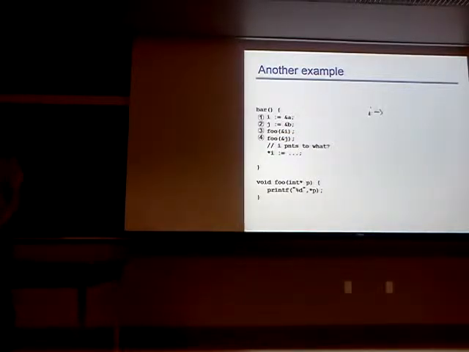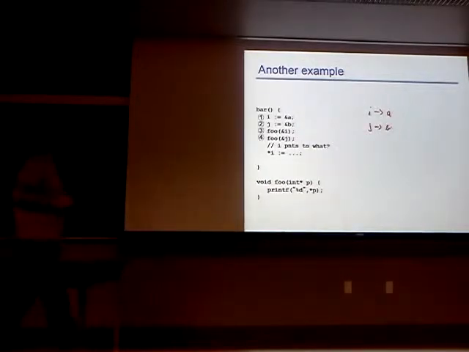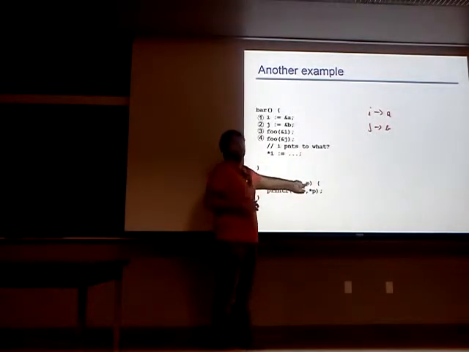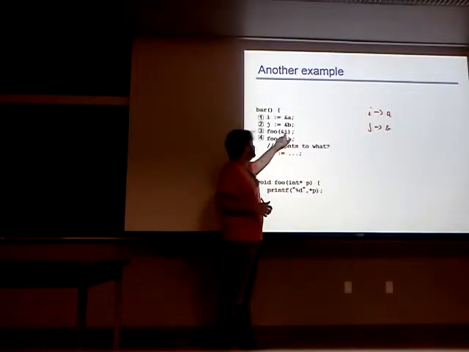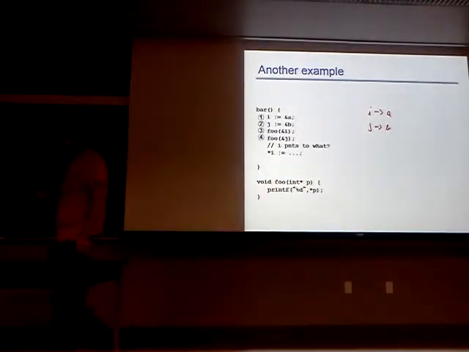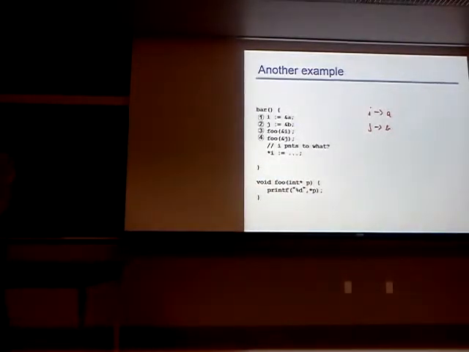I points to A, right? J points to B, right? Now, how do we model this function call? We're going to consider that P is a global, and this is basically like assigning address of I into P, right? So P can now point to I, right?